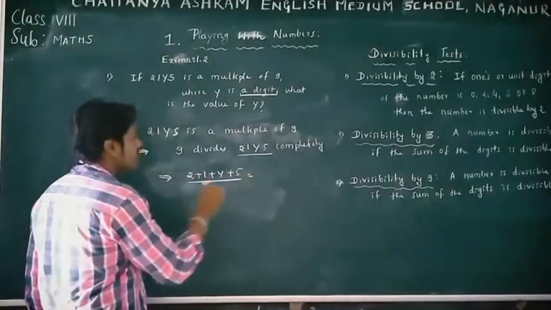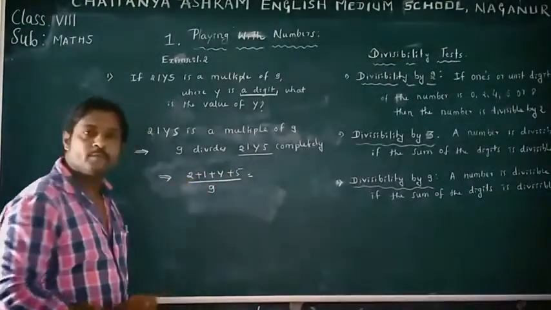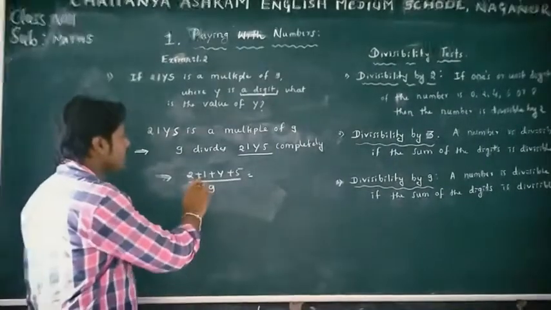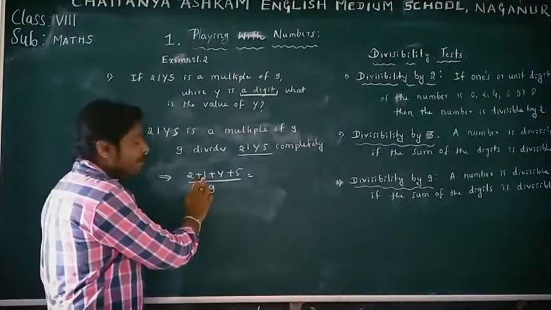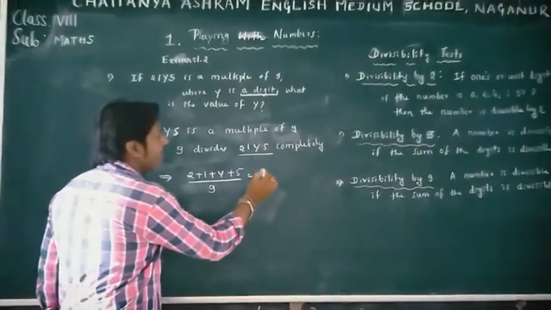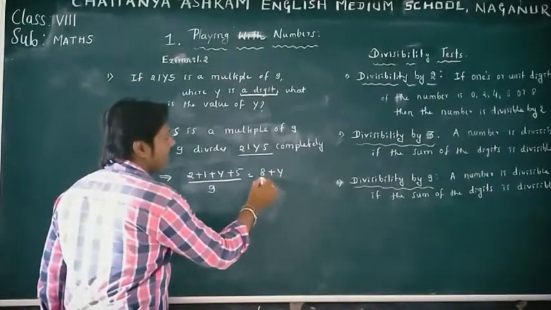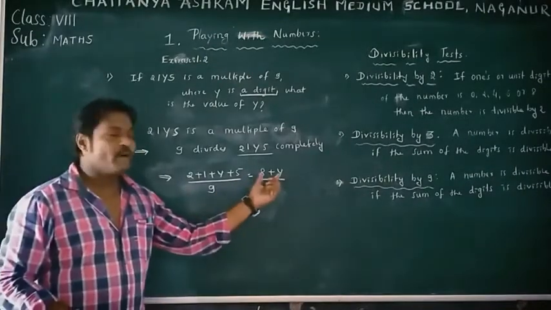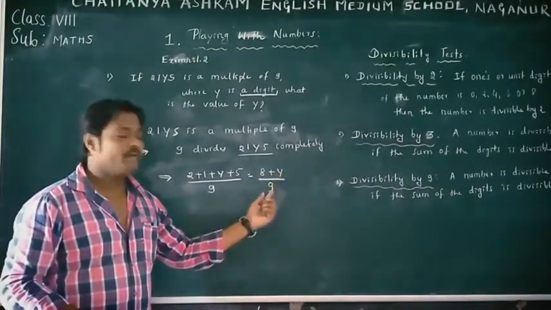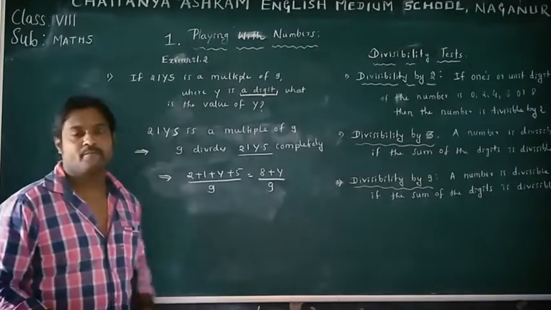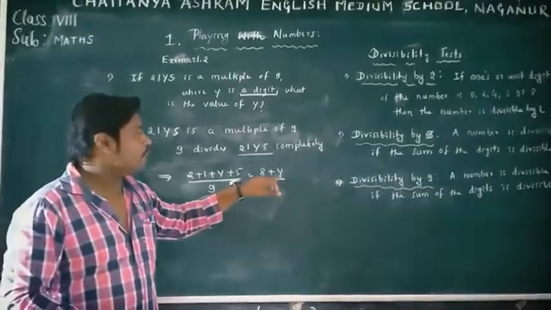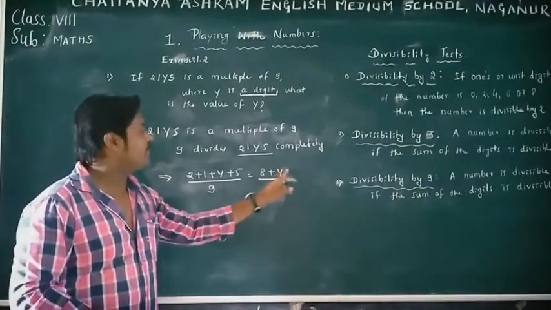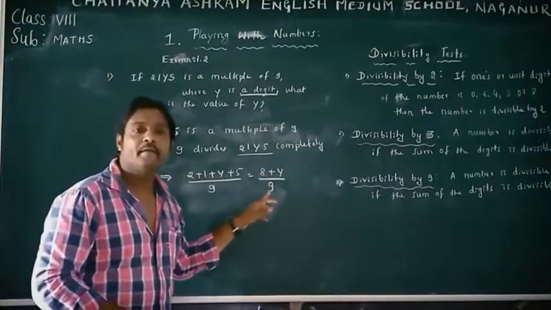Here see what happens. 2 plus 1 is 3, 3 plus 5 is 8, so 8 plus y is divisible by 9. This is the sum of the digits. So for what values of y is this number divisible by 9?